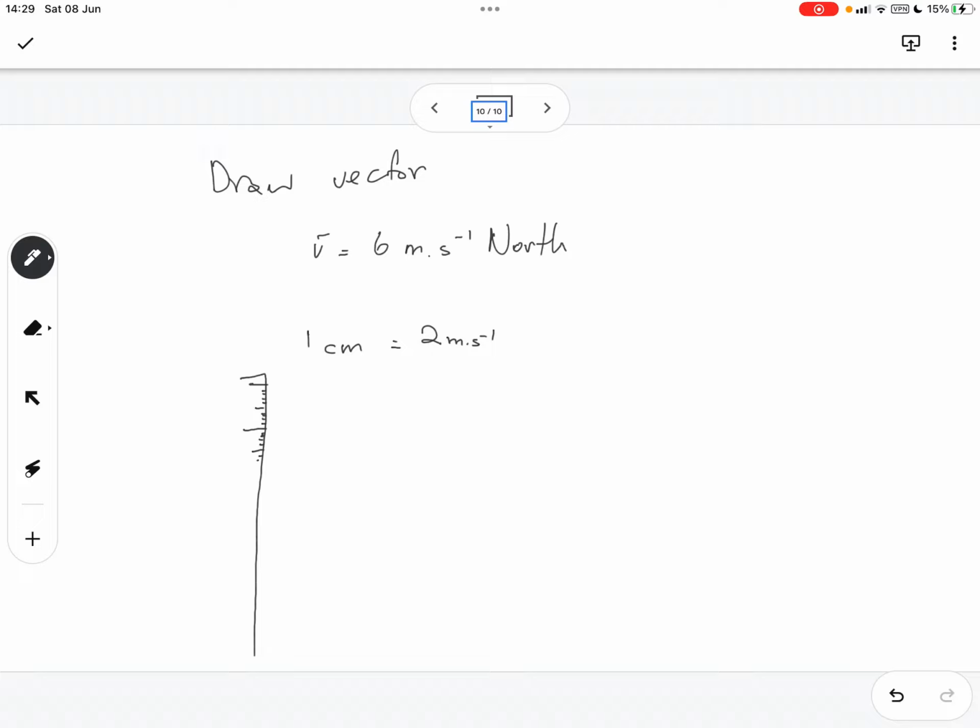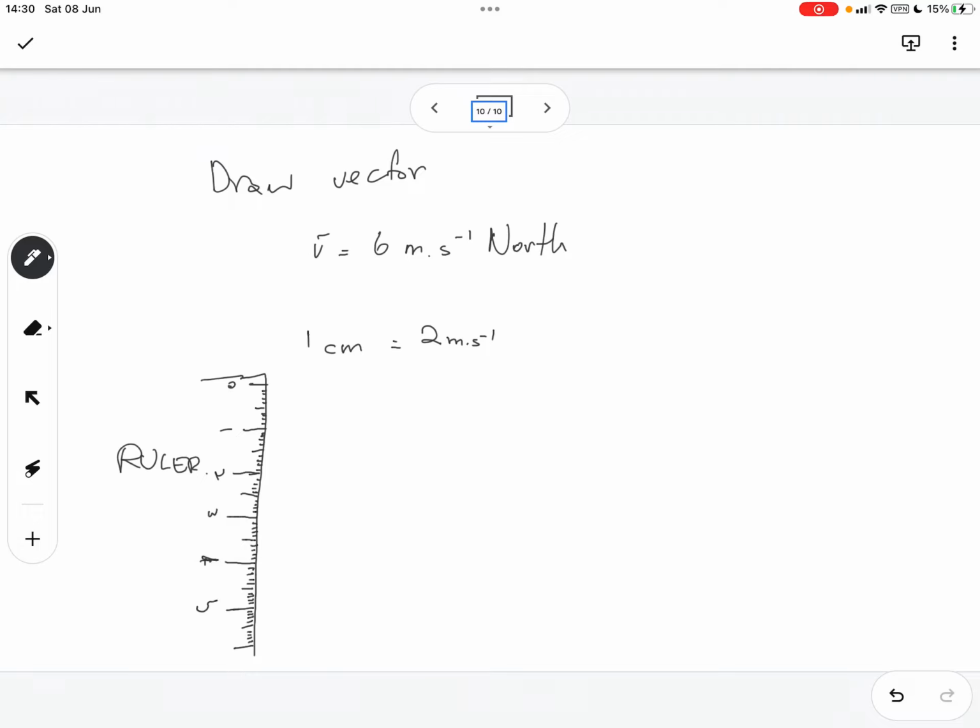That means if we have a ruler, 1, 2, 3, 4, 5, 6, 7.